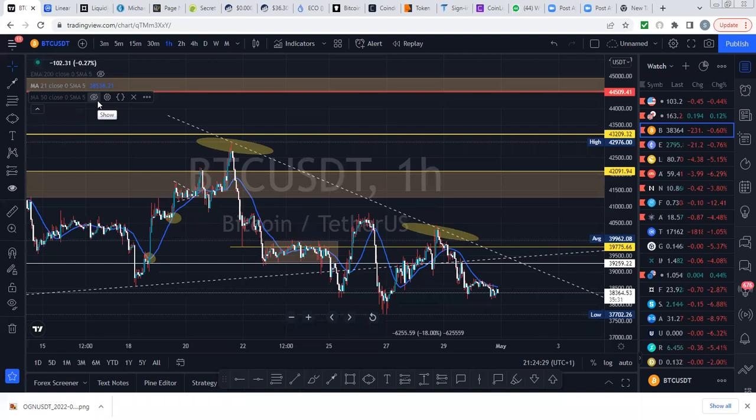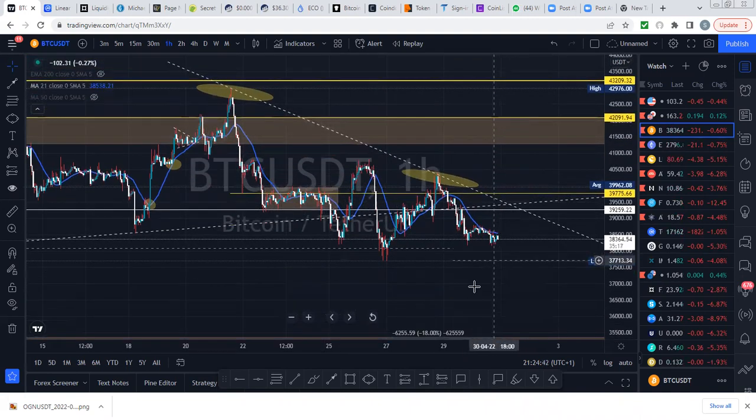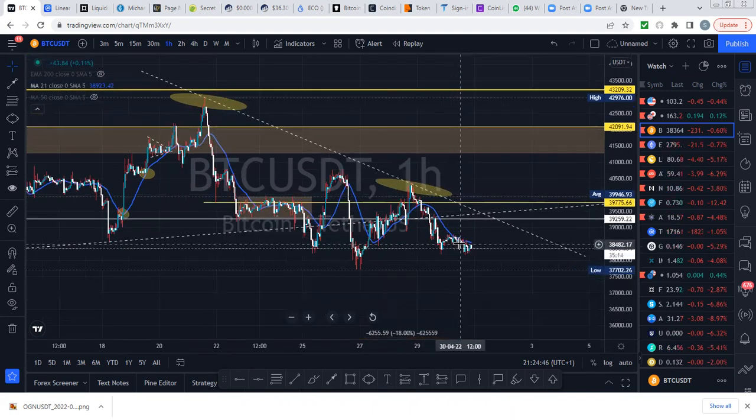You can see that our 50 moving average doesn't follow price closely. It's far from price. Then now look at the 21 moving average. Look at how price is following closely. The moving average is following price closely.